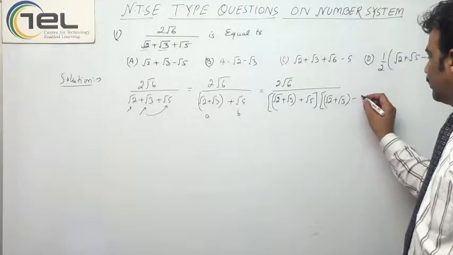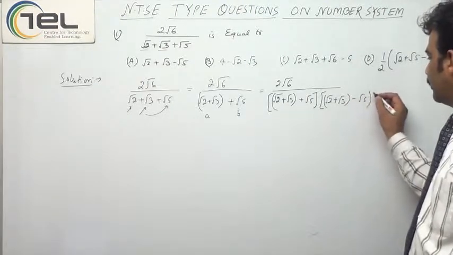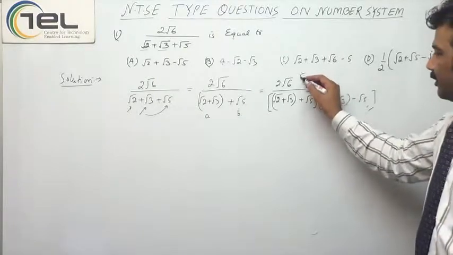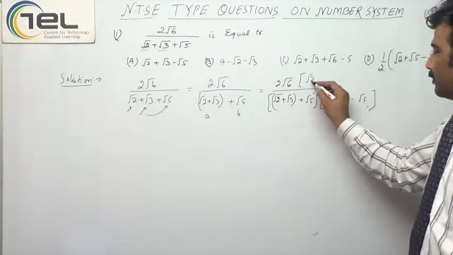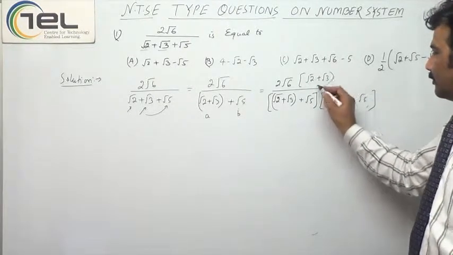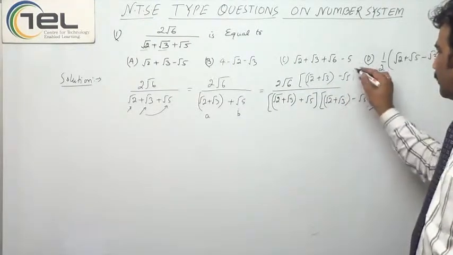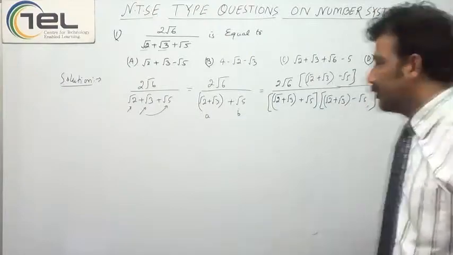This is minus root 5 as a whole, we take it like this, and above also I have to write it like this.